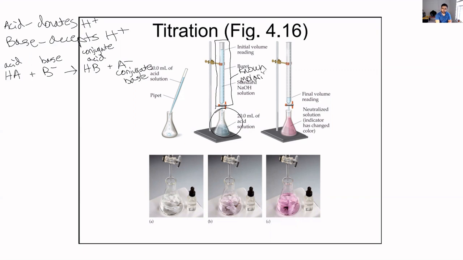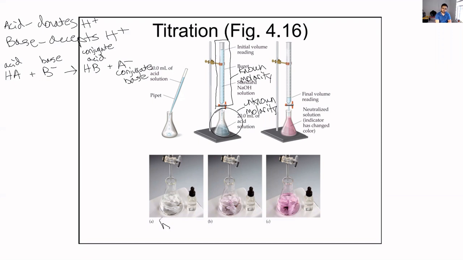But for the unknown solution, you don't know what the molarity is, so it has unknown molarity. To figure out the unknown molarity, you're slowly dripping in an amount of the standard solution until you reach what's called the equivalence point.